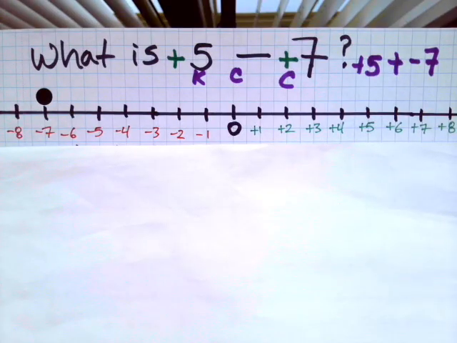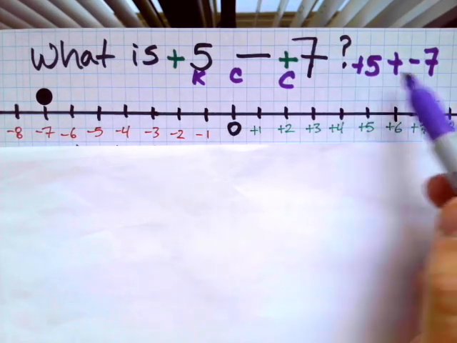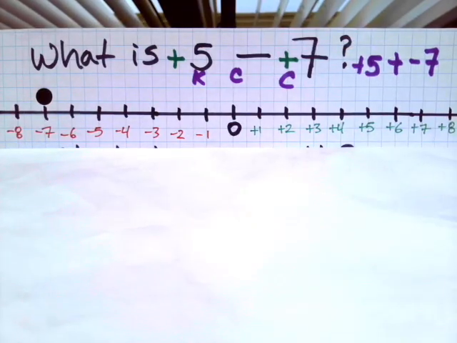So go ahead, and I will cover this when we add and subtract, multiply, divide integer videos. You just have to trust me. So now you can choose any location. You can choose a positive 5 and go -7 direction, or you can choose a -7 and go positive 5.